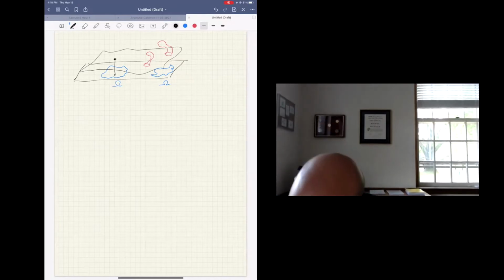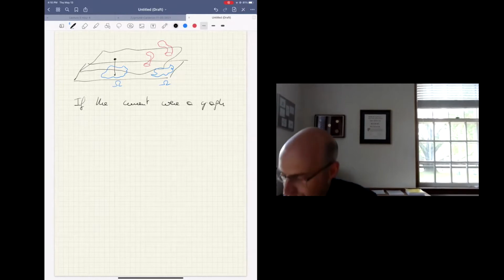Okay. So if the current were a graph, then the volume or the area of the graph would be given by the following formula.